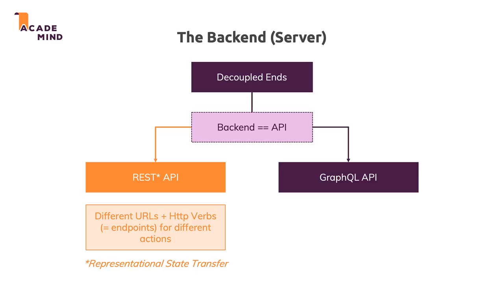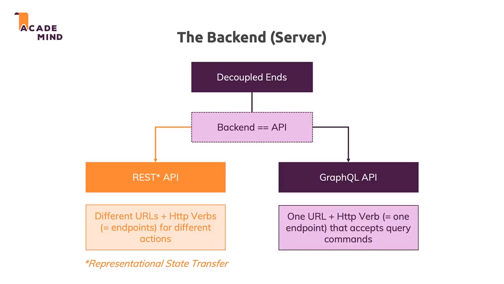For a GraphQL API, that's different. There we have one URL and one HTTP verb, typically a post request. So we have one endpoint, which then in turn, however, accepts query commands. So since this HTTP verb is a post request, when you build a GraphQL API, the body of the request contains a query expression that adheres to the GraphQL standard in the end, which describes the operation you want to perform.